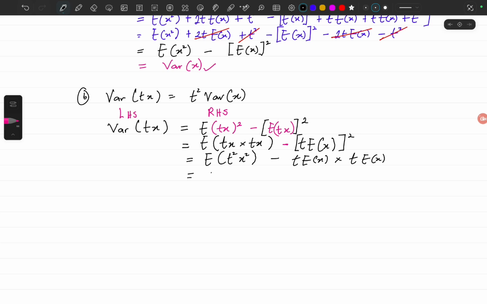And in here you'll get t square, the expected value, all square, minus, in this case you get t square, and we get the expected value in its own bracket, which is going to be the expected value like that. We're covering it up, all square.